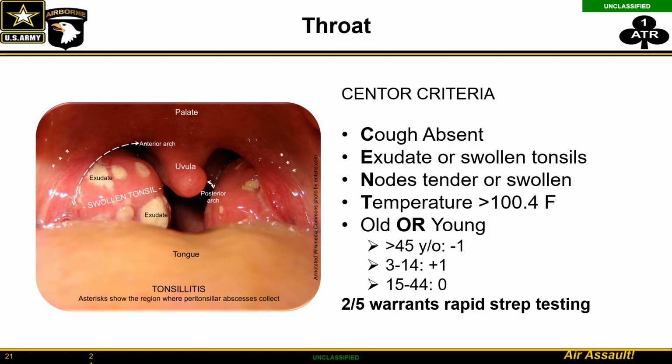But if this is someone who complains of extreme fatigue, their stomach doesn't feel great, and they have a fever, we need to think about mono. They'll typically be positive for at least 2 of these things: the temperature, maybe swollen nodes, and the exudate. So if we have somebody who has some of these symptoms but is testing negative for strep, the next thing we need to think about is that maybe they have mono.